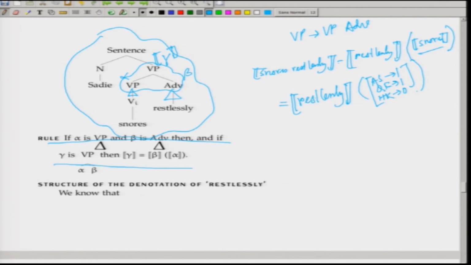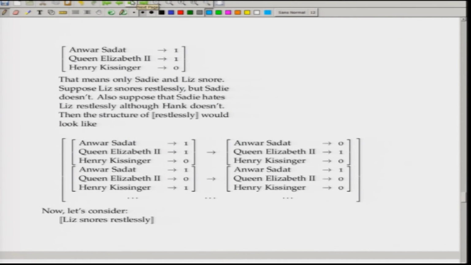So we can already see that here is a function which takes another function as an argument. We still do not know how this function, the reference of restlessly, would look like. Then how do we actually construct this function?